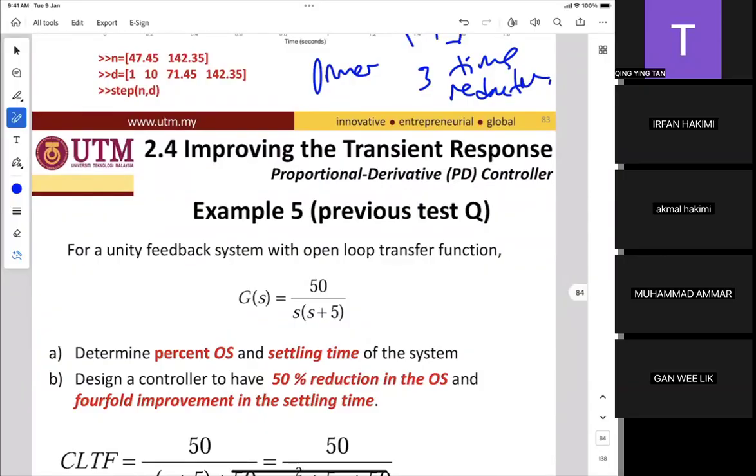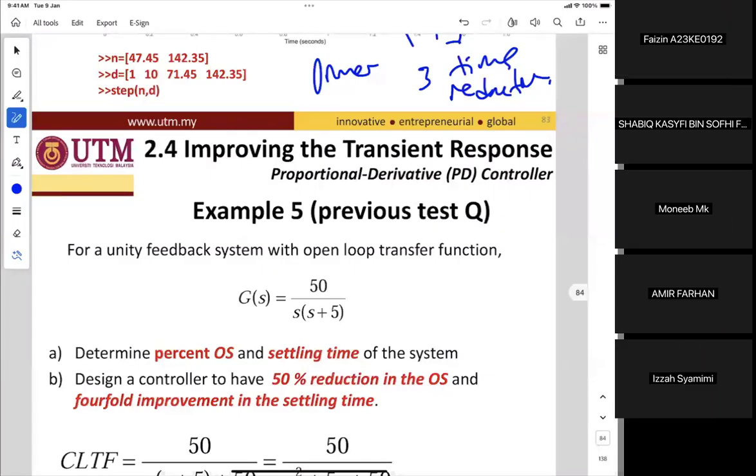Any questions? Pak Izin, any question? No question, Doctor. Amir Farhan, any question?